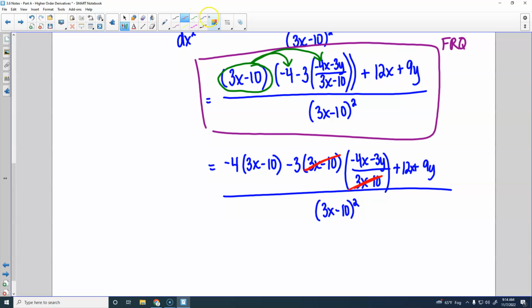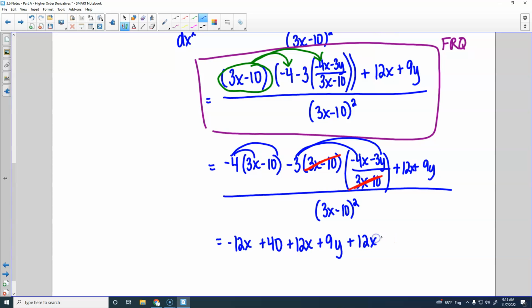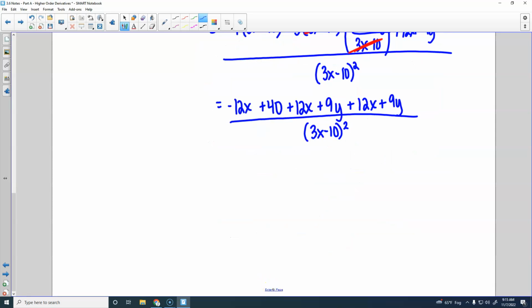And so at this point, you can just distribute here. So you'll have negative 12x plus 40. And then this 3x minus 10 is gone. You're just distributing this negative 3 over here. So you'll have plus 12x plus 9y, plus 12x plus 9y over 3x minus 10 squared.